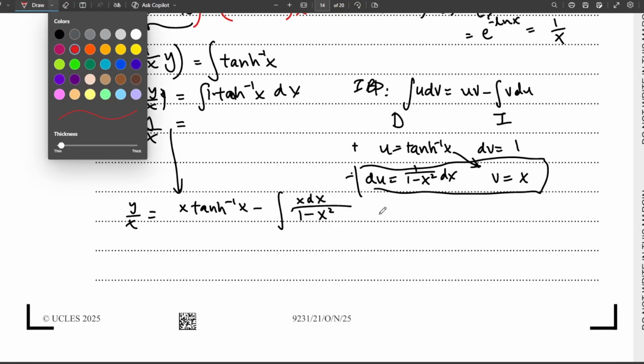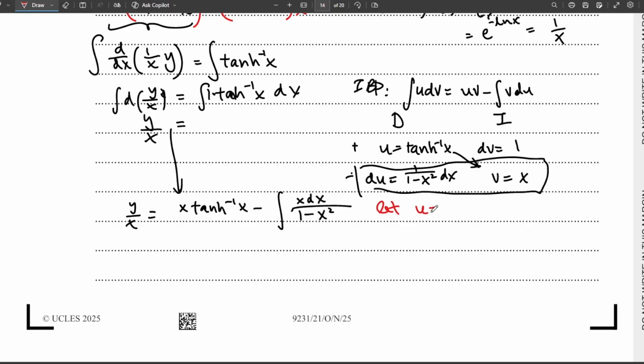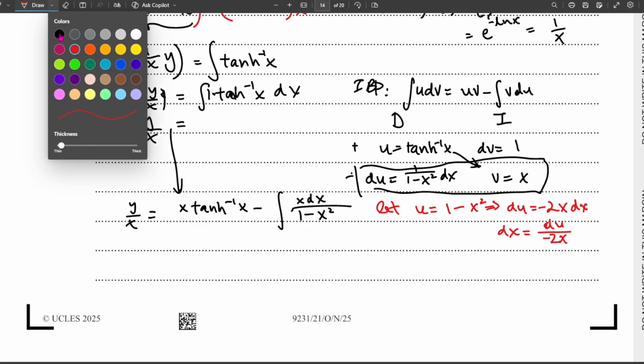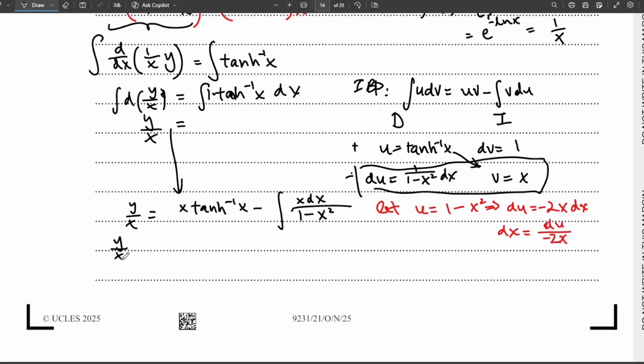So we can let u be equal to the bottom function, which is 1 minus x squared, and so du will be negative 2x dx, or isolate dx so that we can substitute in there, it will be equal to du over negative 2x.